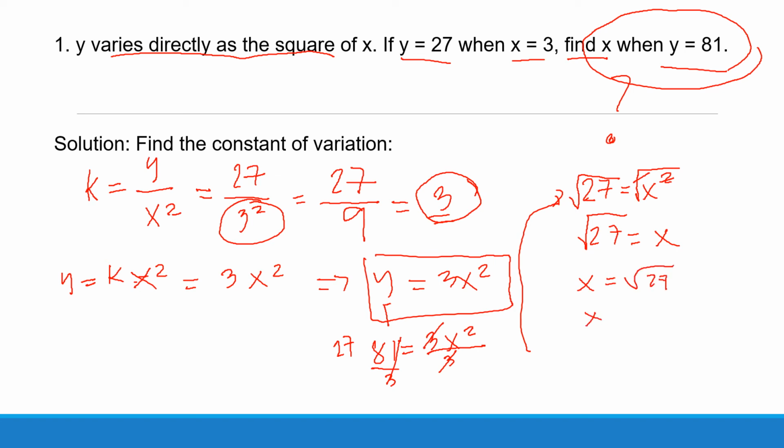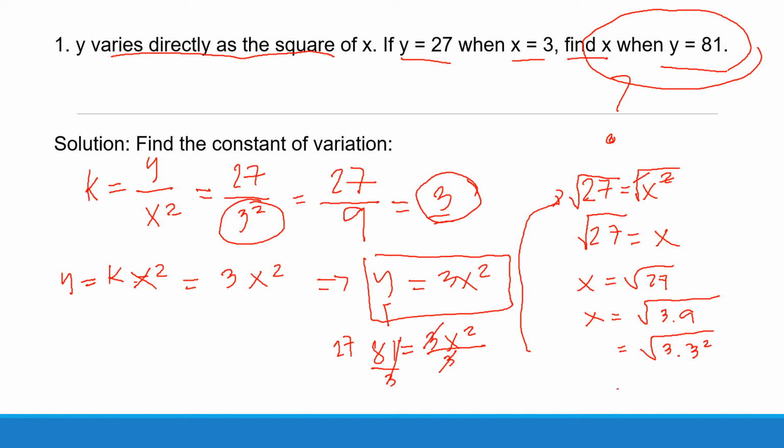So we need to look for a number that is a factor of 27. The factors of 27 are 3 times 9. And remember, the 9 can be factored as 3 squared, so it can come out of the radical sign.